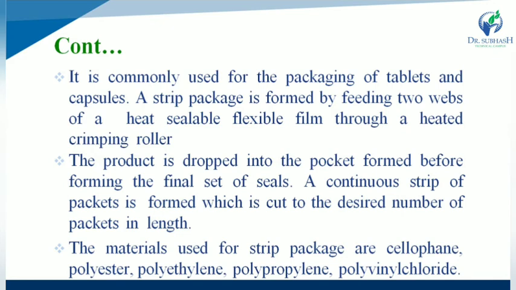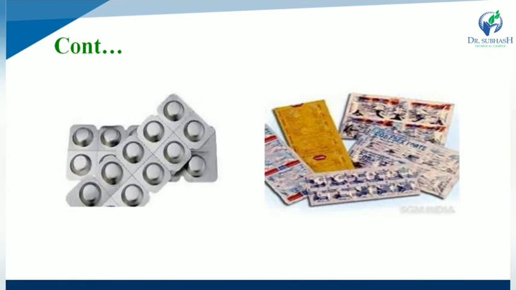The product is dropped into the pocket formed before forming the final set of seals, and a continuous strip of packets is formed, which is cut to the desired number of packets in length. The materials used for strip packets are cellophane, polyester, polyethylene, polypropylene, and polyvinyl chloride, etc. That is the figure of strip packaging material.